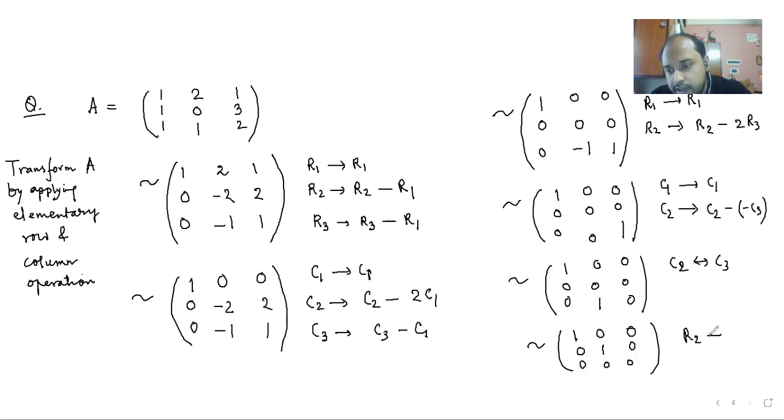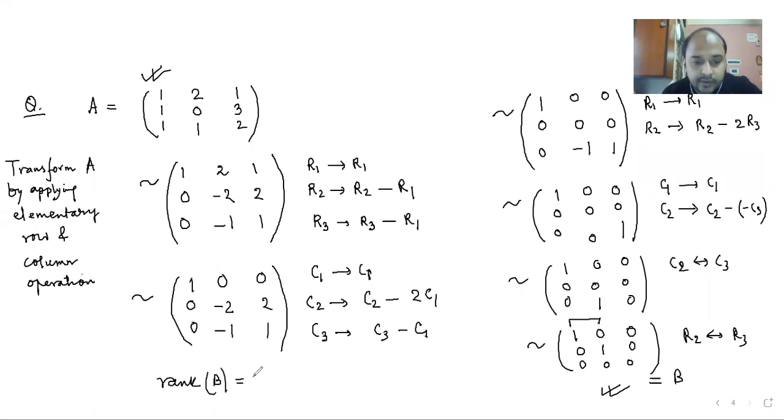So R2 and R3 have been interchanged. Now look at this representation. Clearly you can say that these two columns are linearly independent columns. So if we name this matrix as B, then rank of B is equal to rank of A is equal to 2.